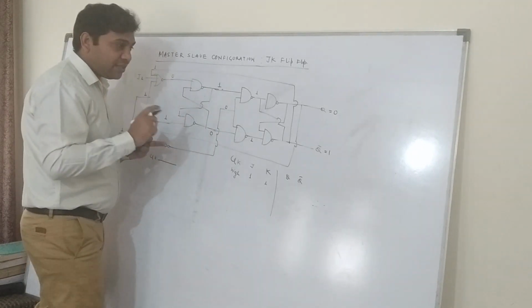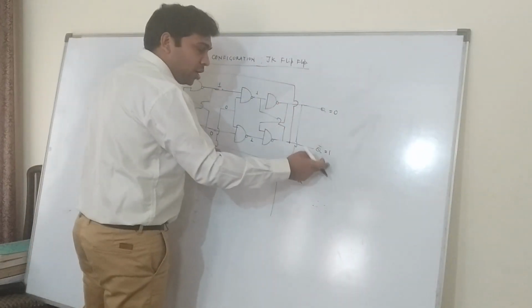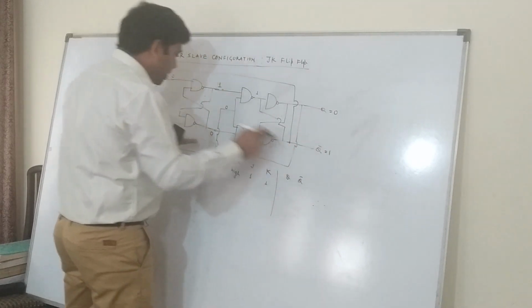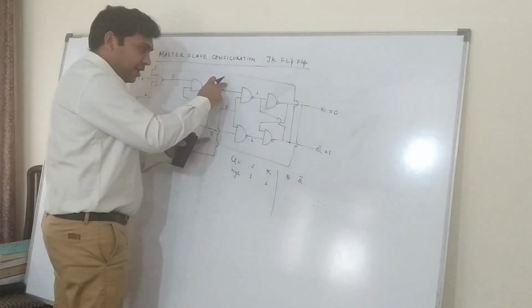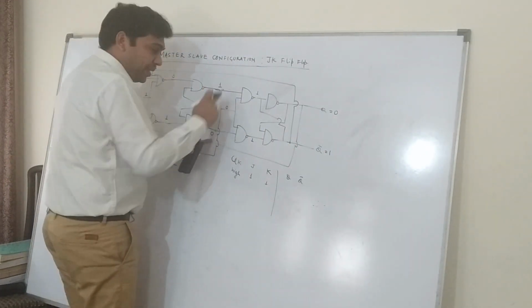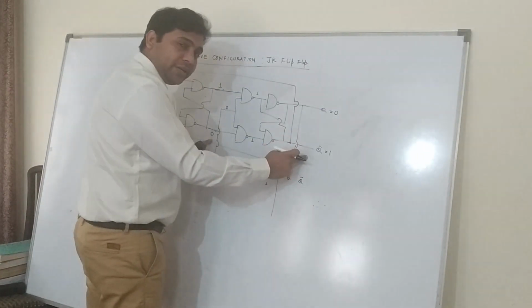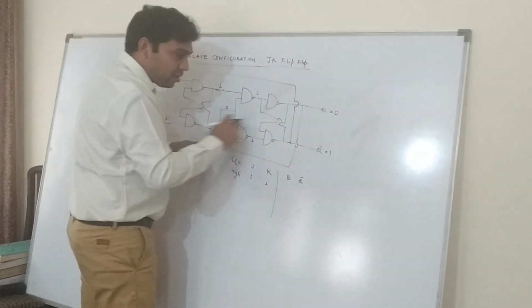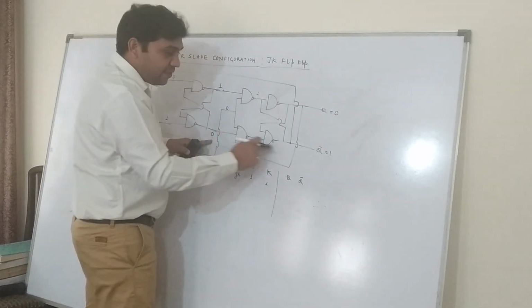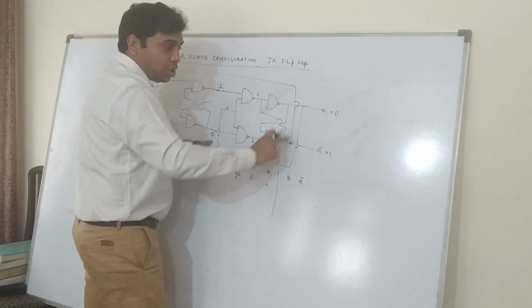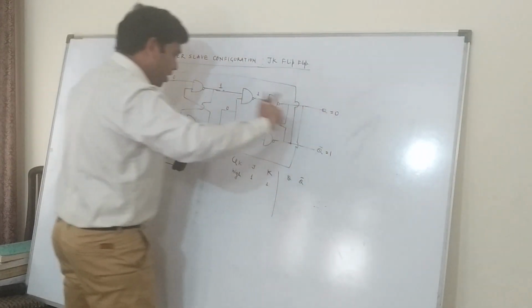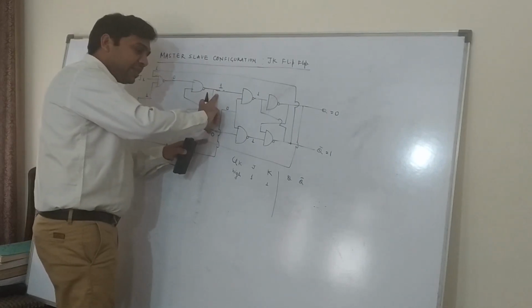Now what we have done is we have restricted this output. Because of this output, the changes occurring here till this point are not reflecting at this point, because the slave is in a memory state right now. So because of this feedback, the changes occur only till this point.